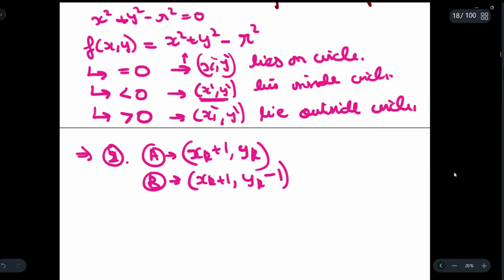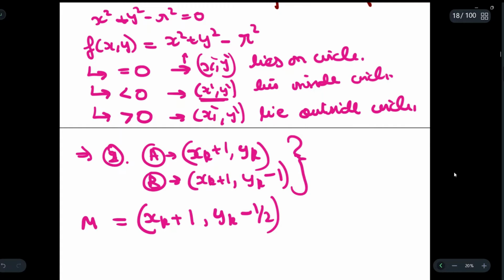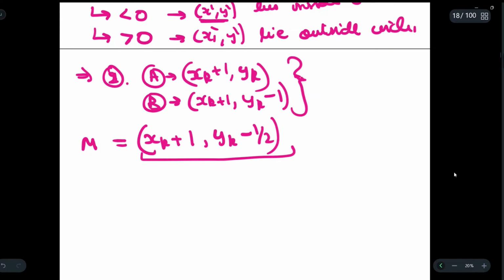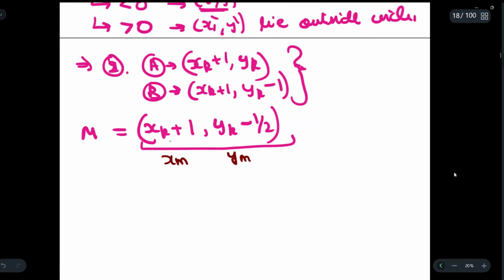Now we will find the midpoint of these 2 points. On finding the midpoint, you will get the value of x as xk plus 1 comma yk minus half. That is, we have simply found the midpoint of these 2 points. And now we will take xk plus 1 as xm, and yk minus half as ym, just considering them as xm and ym.